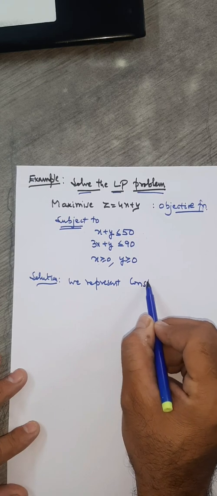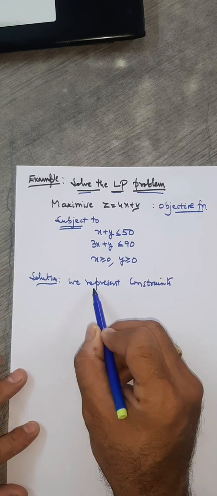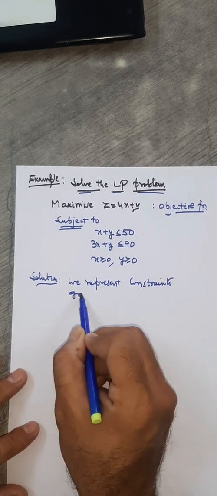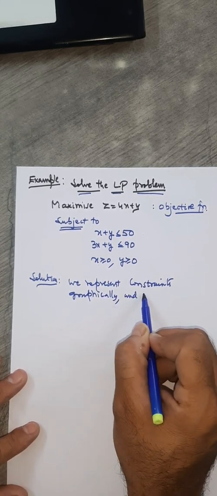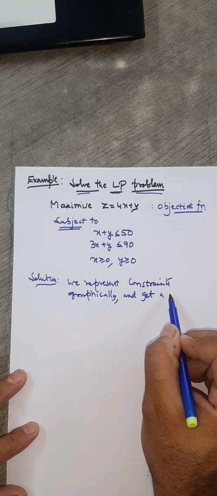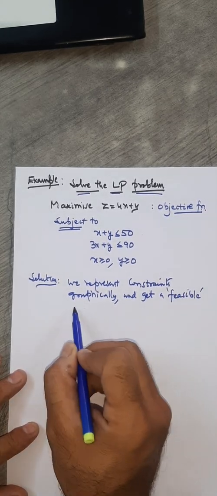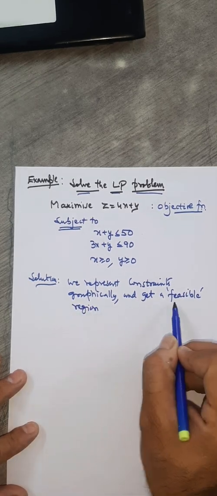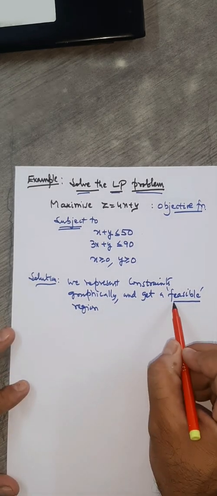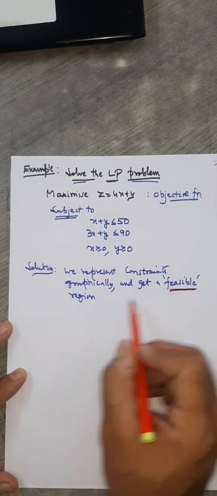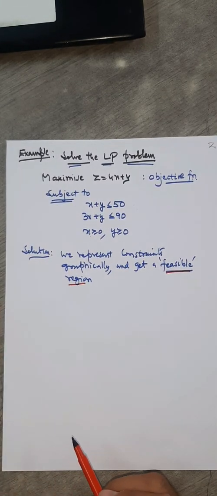So we represent the constraints graphically and get a feasible region. Feasible region means what? Common region. You know, such things we were doing even in 11th standard. Here this is just a new word. Feasible means common region, common to all these linear inequalities. Once I do it, you will realize.